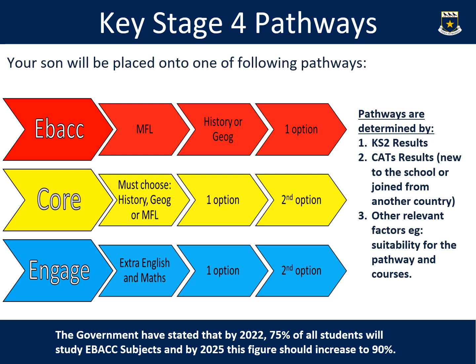The reason why they would be provided with additional English and Maths support on the Engage pathway is, like Mrs. Kane mentioned earlier, with English and Maths being non-negotiables, we want to do everything we can to support your son to make sure that they pass their English and their Maths GCSEs first time round.